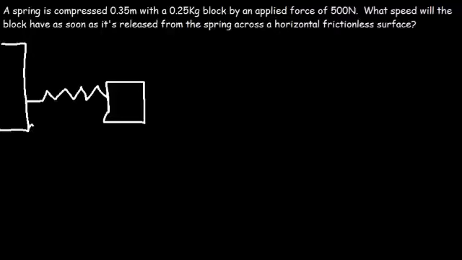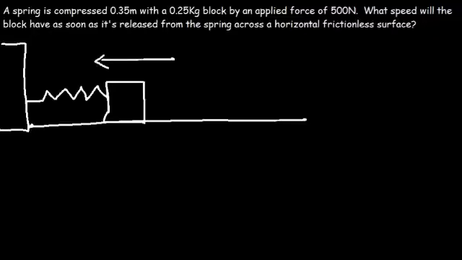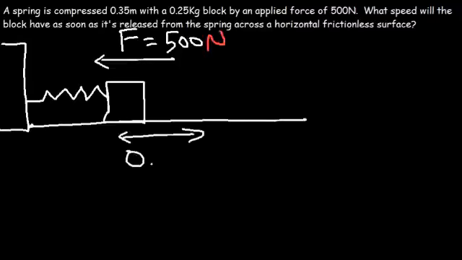And let's say this is the horizontal frictionless surface. Now it's compressed by an applied force of 500 newtons, and it's compressed by a distance, let's say, of 0.35 meters, and the mass of the block is 0.25.